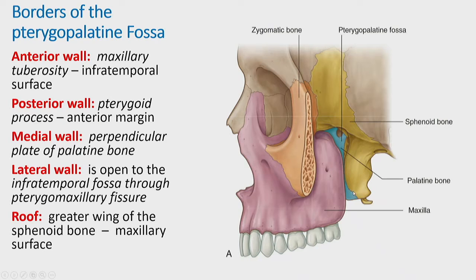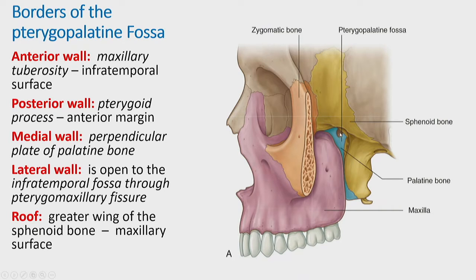Posteriorly is anterior margin of the pterygoid process of the sphenoid bone. And the medial wall is this perpendicular plate of the palatine bone, which is separating the nasal cavity from the pterygopalatine fossa, except this foramen that we needed.